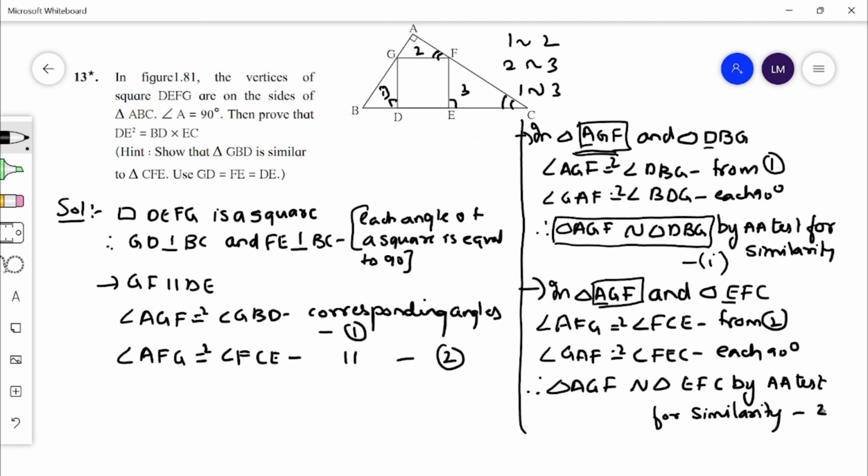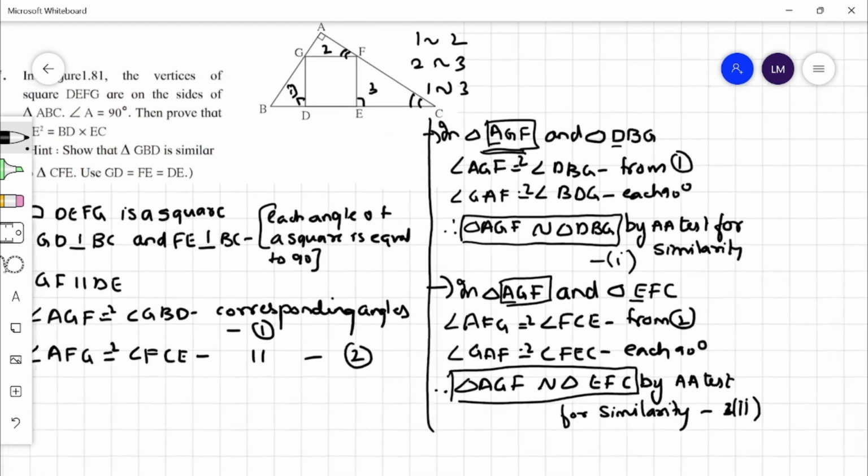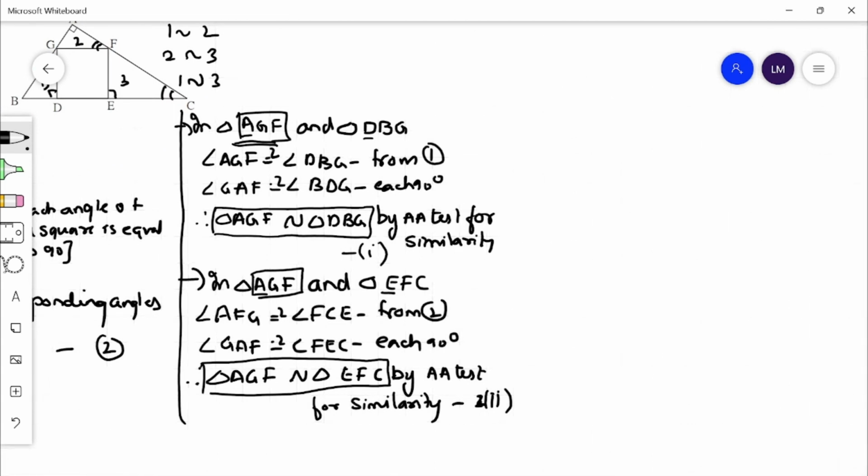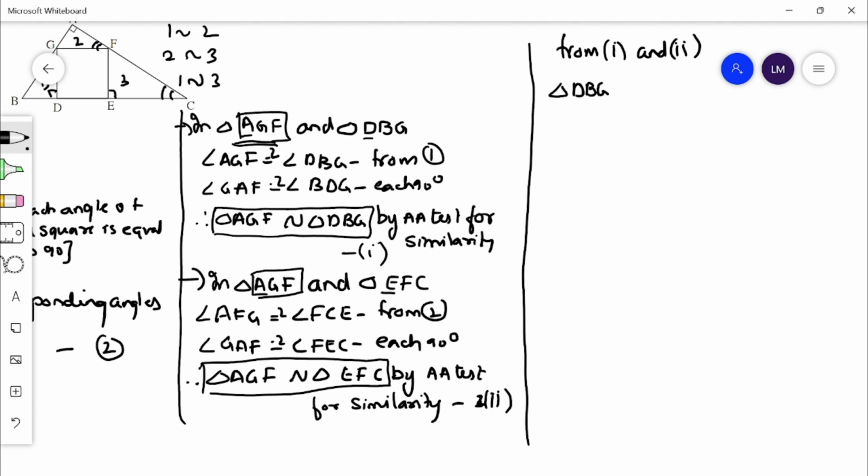This we can take as small equation number 2, right? So now these two triangles are similar, right? So from small equation 1 and small equation 2, we can write triangle DBG is similar to triangle EFC, right?